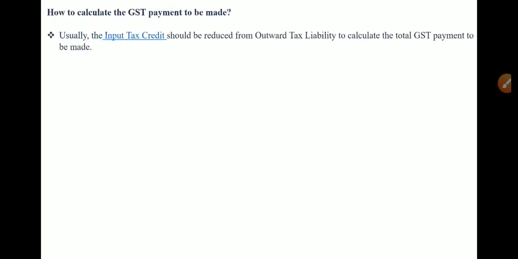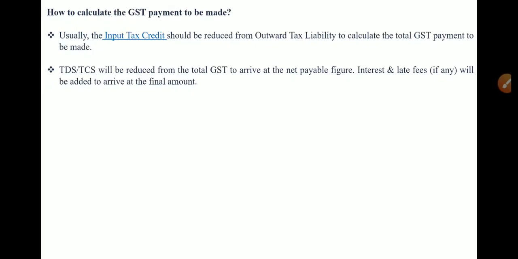How to calculate the GST payment? What is the criteria? Usually the input tax credit is reduced from the outward tax liability to calculate it. To calculate the total GST payment to be made, we need to take all these payments into consideration.